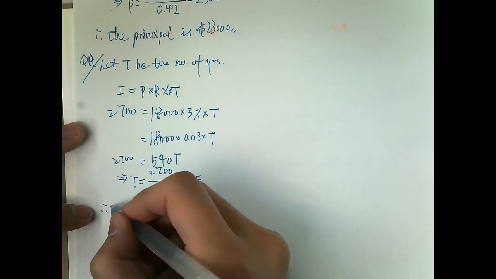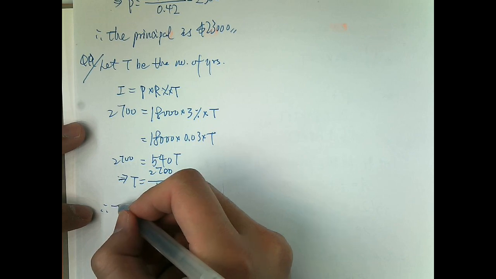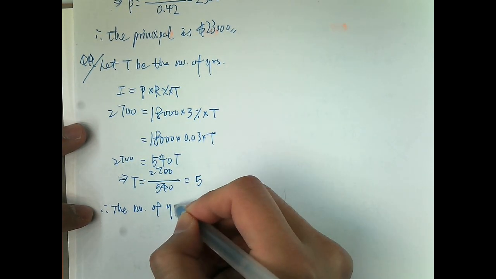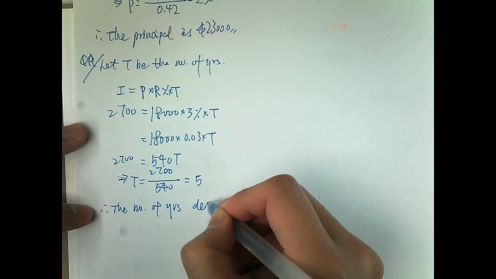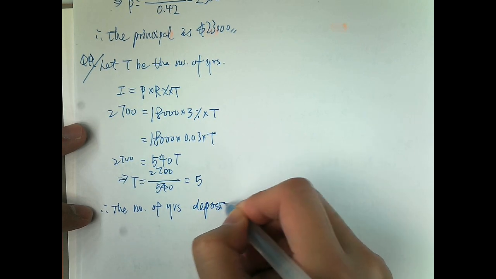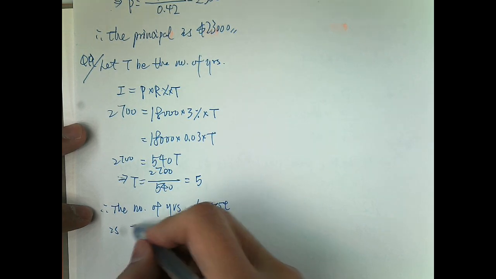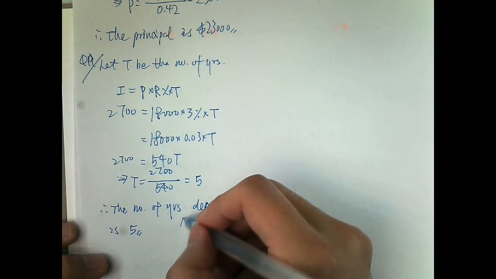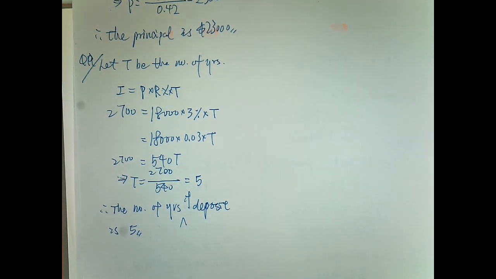So the number of years of deposit is 5. Of deposit, okay? It's 5. Understand? Okay, keep going.